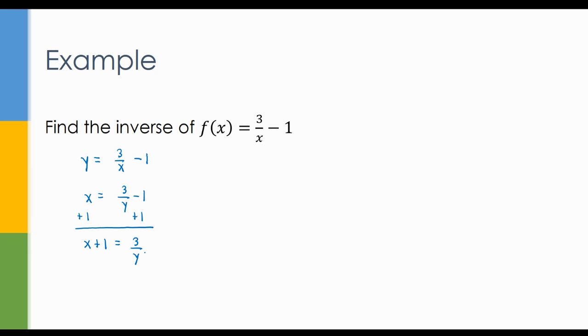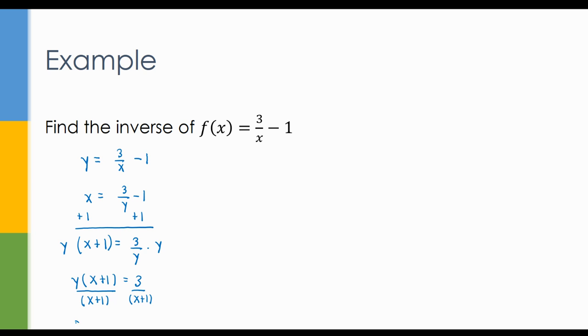I need to then get rid of this fraction. So I'm going to multiply both sides by y. So y being multiplied by x plus 1 now equals 3. I am not going to distribute the y because I want to get y by itself. Now on the left, since y is being multiplied by that quantity x plus 1, I can divide by that quantity.